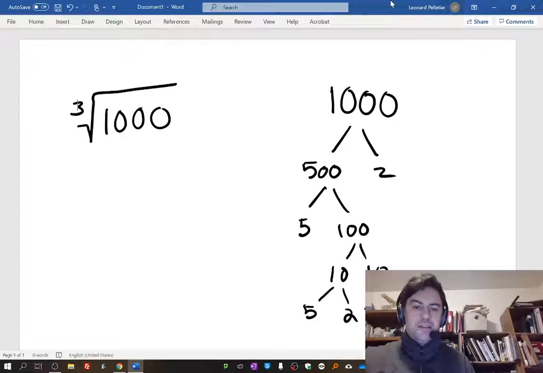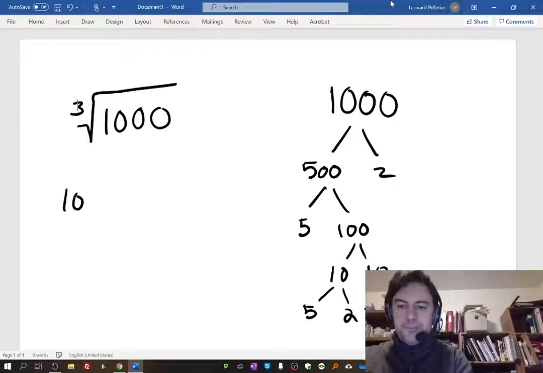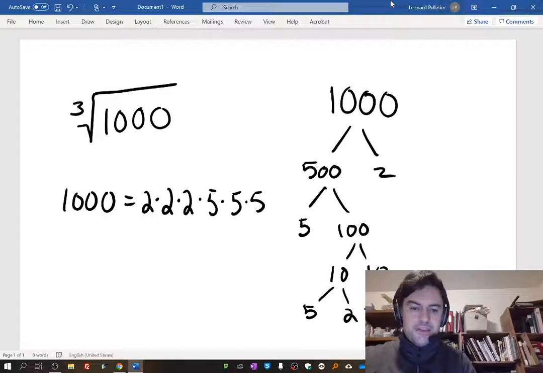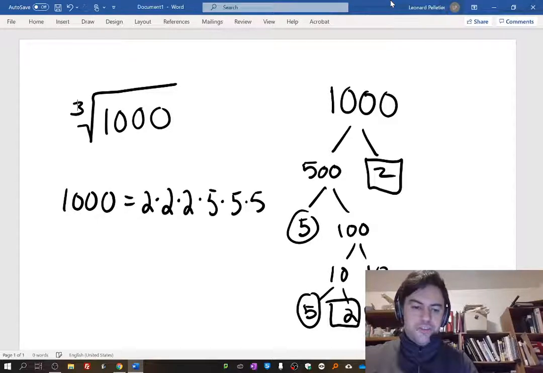So basically, we got ourselves 1,000 is equal to 2 times 2 times 2 times 5 times 5 times 5. You see how we have 1, 2, 3 fives and 1, 2, 3 twos.